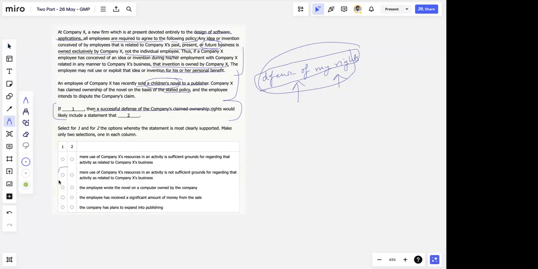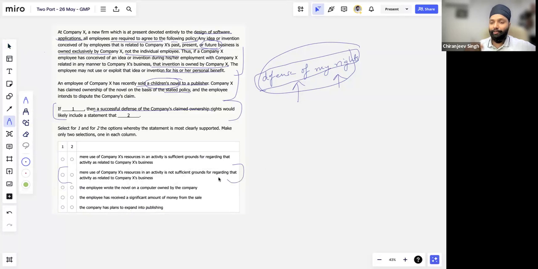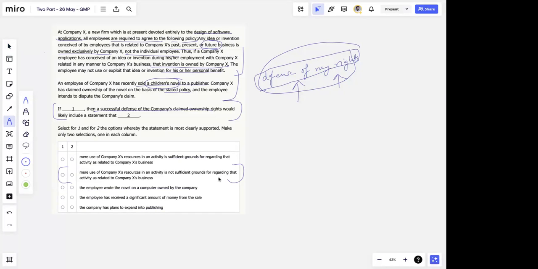So how did you interpret B like this? Right now the company is not in publishing, this is talking about human resources. Yeah, but I focused on the last part: not sufficient ground for regarding that activity as related.